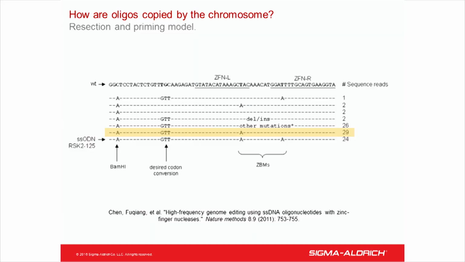If we go back to the 2011 paper, we had an oligo that had several different mutations in it. It had one that was on this side of the ZFN cut site. We put these in here to keep the ZFN from recutting after integration of the oligo. This is the number of sequence reads.